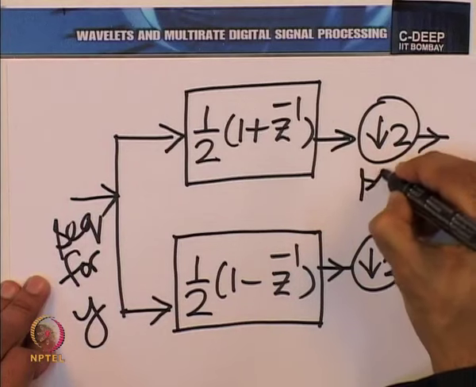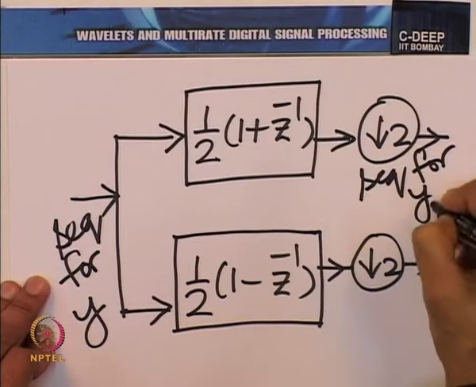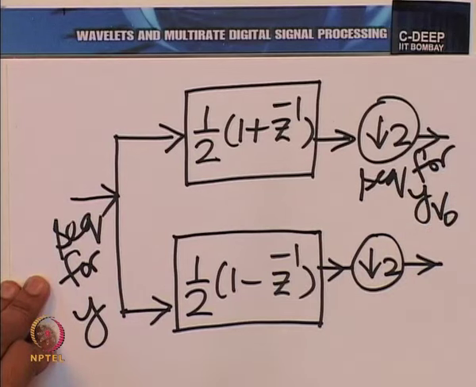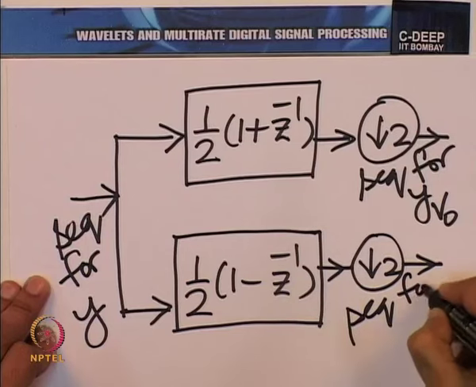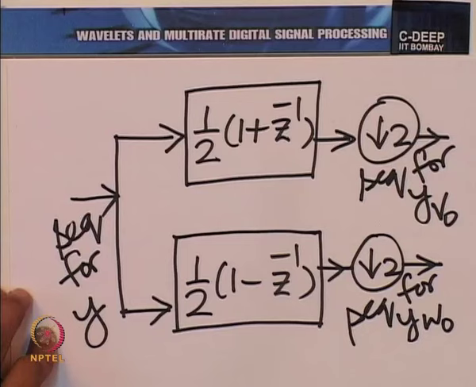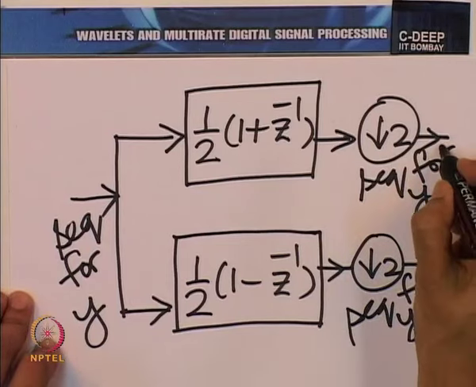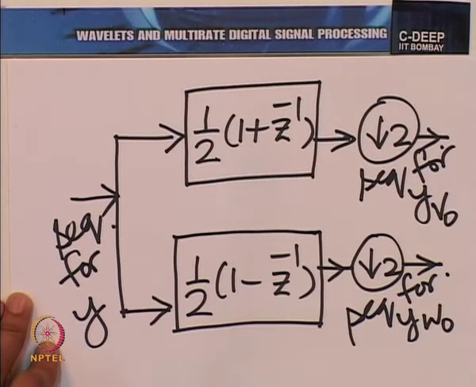Here we have the sequence for y v 0, and here we have the sequence for y w 0 coming out here, here and here respectively. Now, this is what decomposes or analyzes the function y of t into its components, and therefore, this pair of filters followed by the decimation operations is referred to as the analysis filter bank corresponding to the Haar multi-resolution analysis.